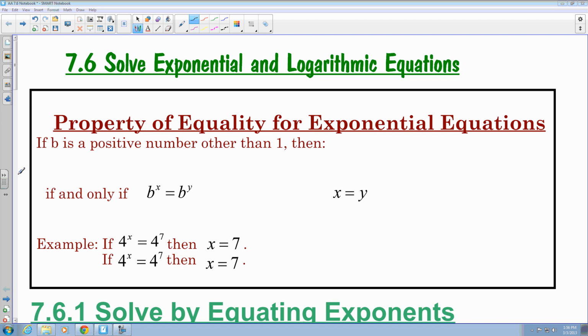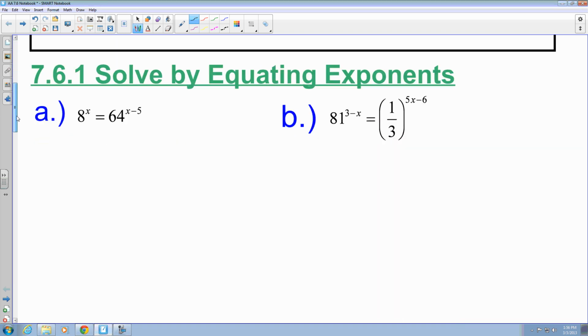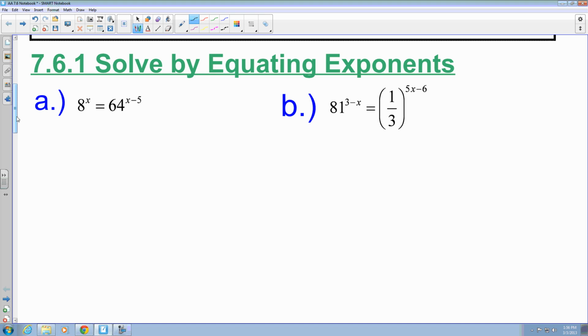So if we go to these examples here, I have 8 to the x power equals 64 to the x minus 5. Now what I want to do is get their bases the same.